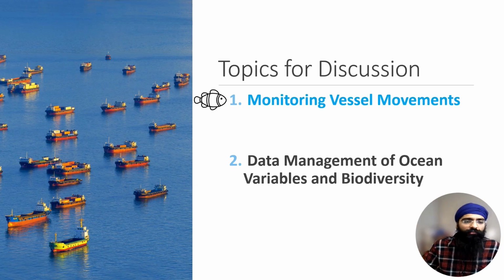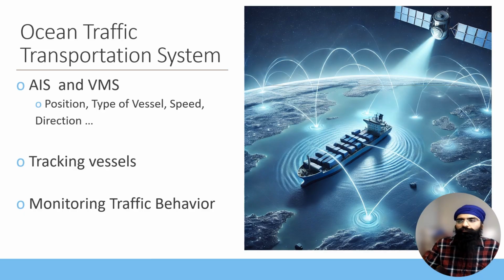So let's talk about the first, monitoring vessel movement, and what kind of challenges I have been working on. What is the ocean traffic transportation system? Basically, if a vessel moves, a vessel or ship, whatever you want to call it, it has a receiver and a transmitter. Whenever vessels are moving in the ocean, they broadcast a signal.